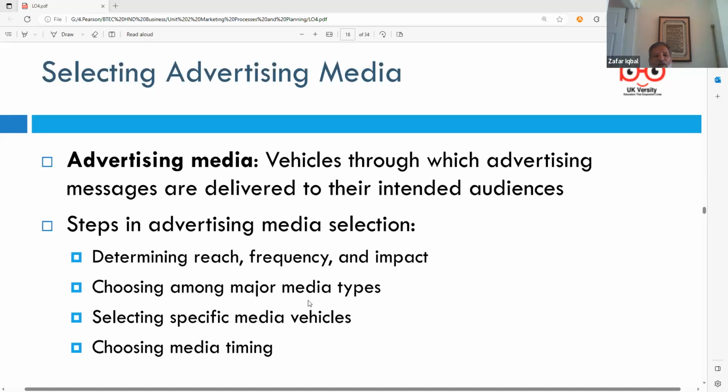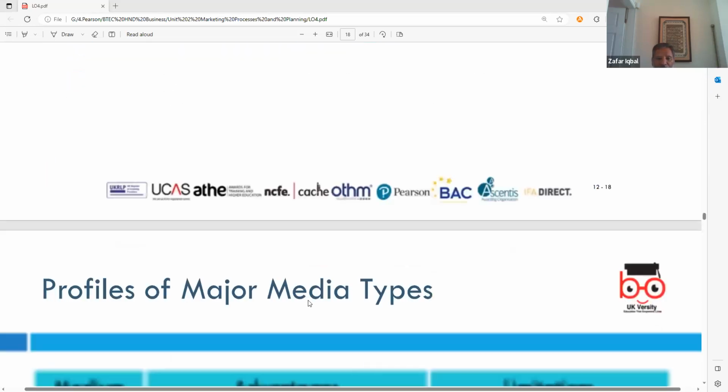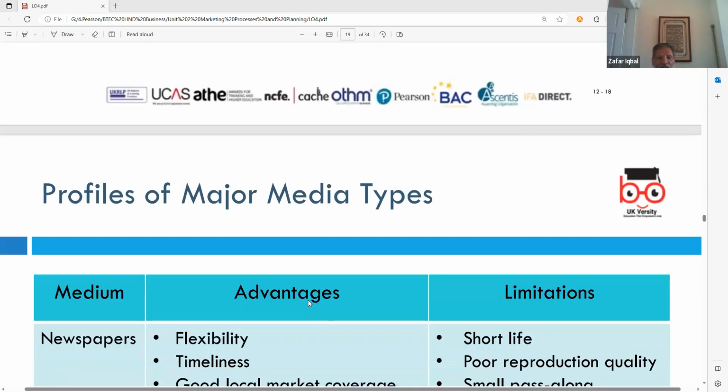You know, what kind of segments you are advertising to. Okay, how many times, the frequency, and the impact the advertisement is going to have on the audience. Choose among the major media types. You need to select a specific media vehicle and choose the media timing, what type of media timing, and when you are going to advertise, the slots of advertising, and so on.